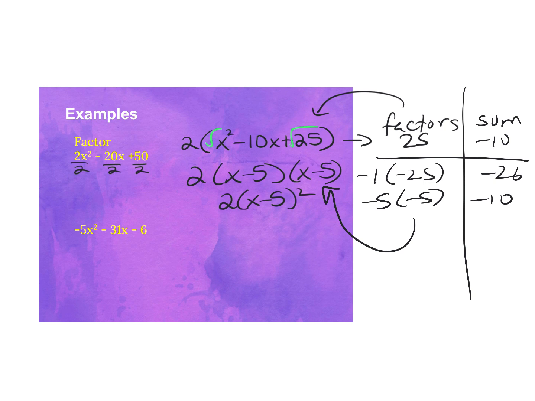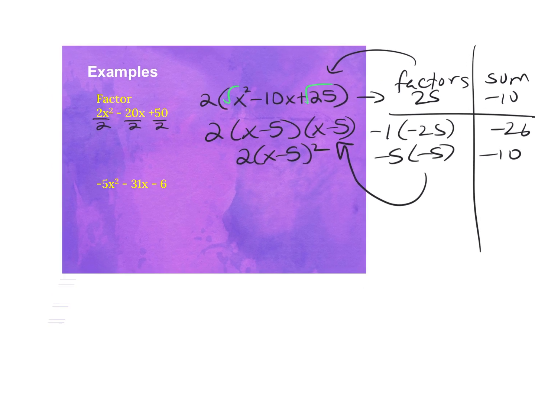And then the last one. The only GCF that I can pull out of this one is a negative 1. So I'm going to divide them all by negative 1. And now I'm left with negative 1 times 5x squared plus 31x plus 6. Now I factor by grouping.